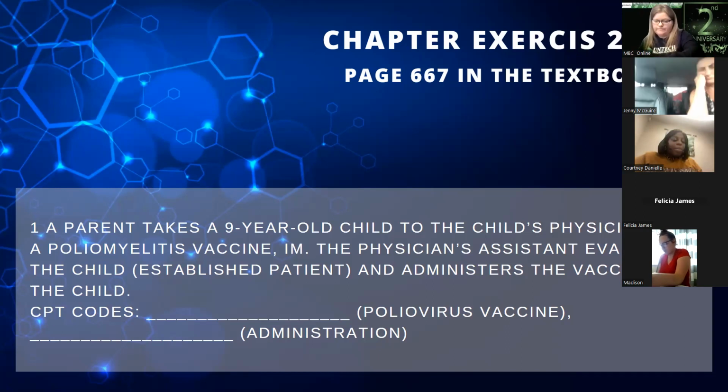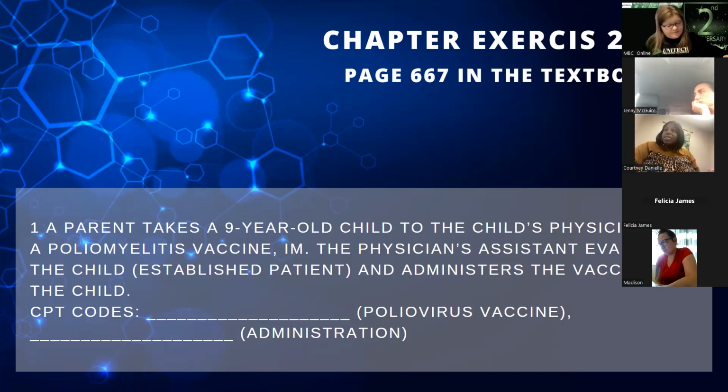What would we be looking for in the index? Physician evaluation? It'd be administration. Administration. But I don't see it listed on the first page of the section where they list all the subsections. I'm not seeing it there.